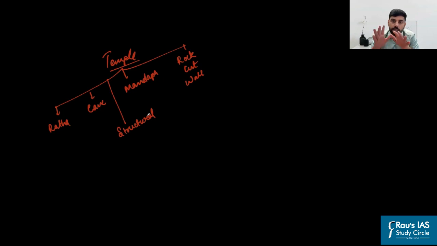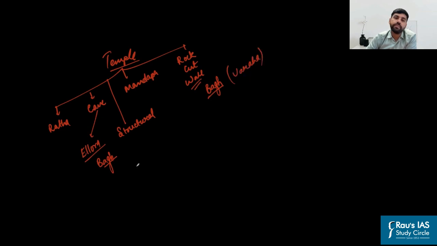Guptas have created 3: cave, rock cut, and structural. How? Where will you find the cave? Ellora. Bagh, right? That is a cave. Rock cut wall, Bagh. In Bagh you have the Varaha temple.